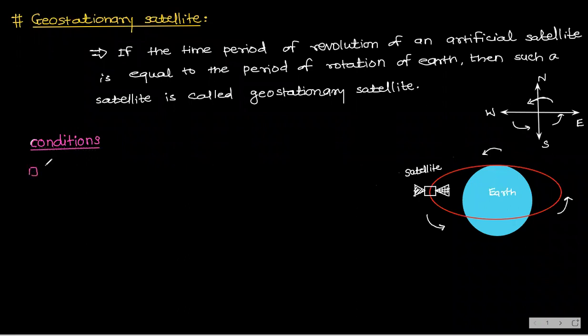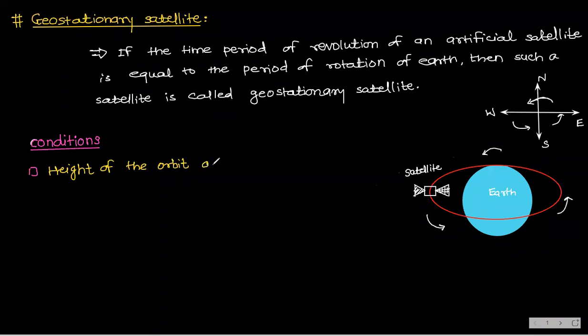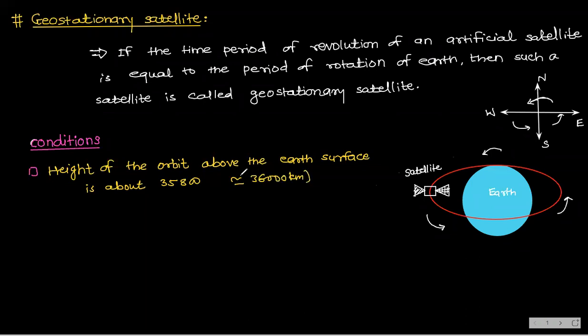Number one, the height of the orbit above the Earth's surface is about 35,800, meaning nearly we can say 36,000 kilometers. ठीक है?